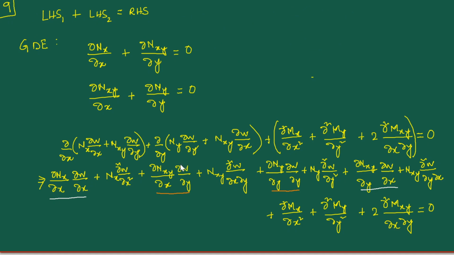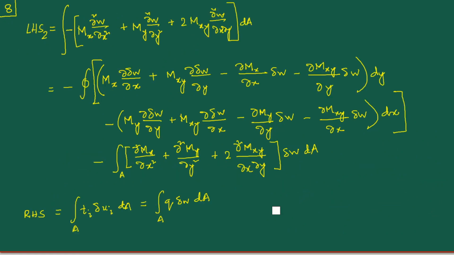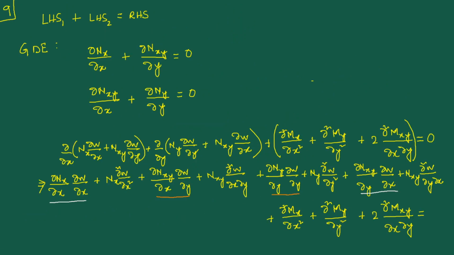Let me just go back here, and I need to note that I have actually missed out this RHS. That's very, very important, and it's a horrible mistake. I'll correct that immediately. If we just take a look back on the RHS, we have this Q delta W. So the term that we really need here is this Q. I should be putting not a 0, rather a Q here.